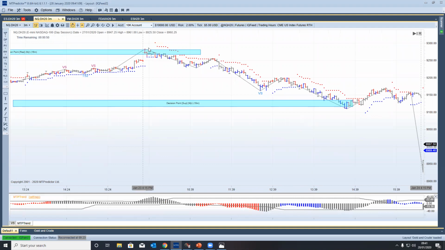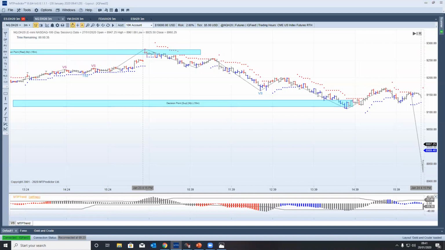So there's no point trying to do any analysis in that random period, because you'll just end up getting chopped to pieces and losing all the time. Isn't it far better to wait until you get a clear picture and then do your analysis? That's the whole idea of MTPredictor.